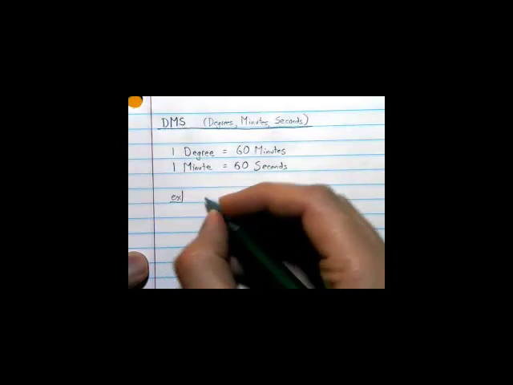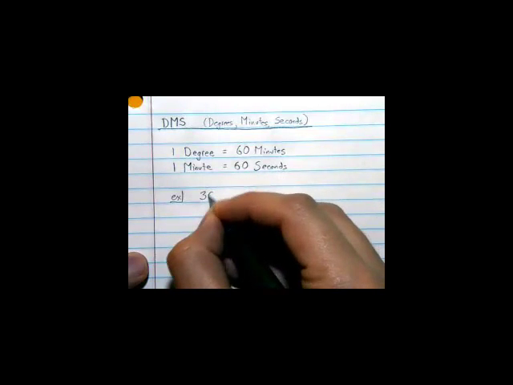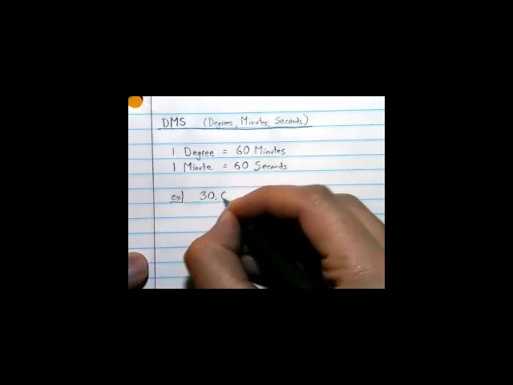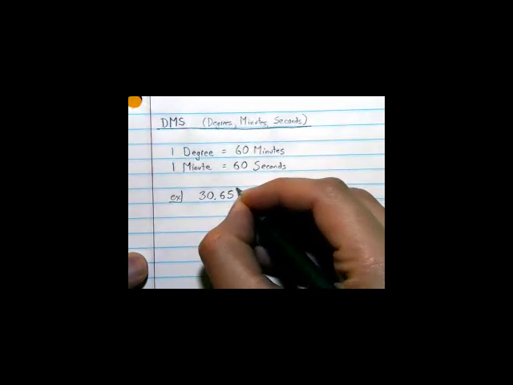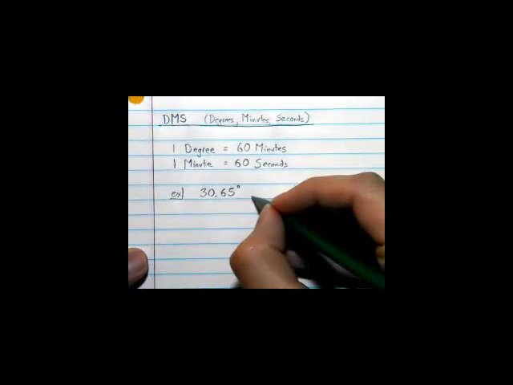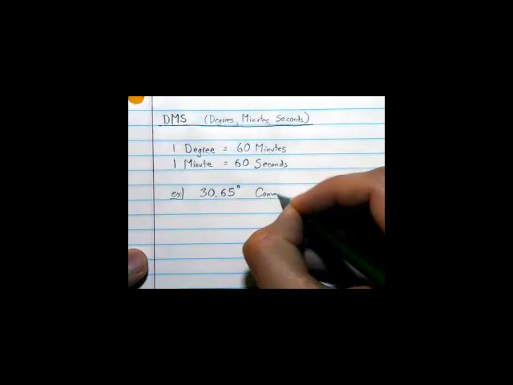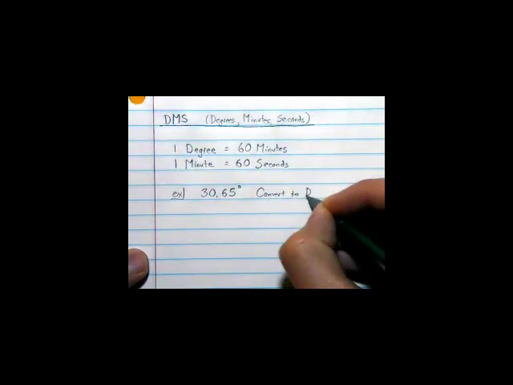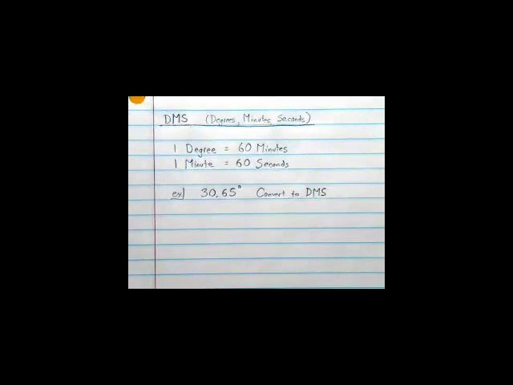So let's say I've got 30.65 degrees, and I want to convert this to DMS. The 30, I don't have to do anything with that, because I have 30 degrees and then some extra, right?